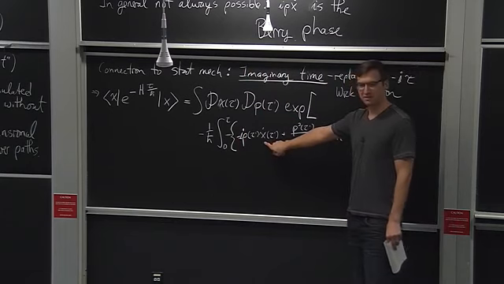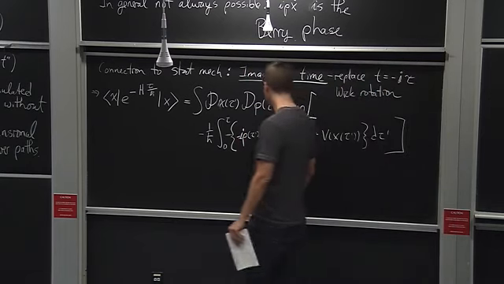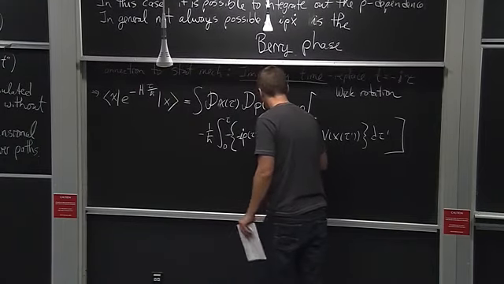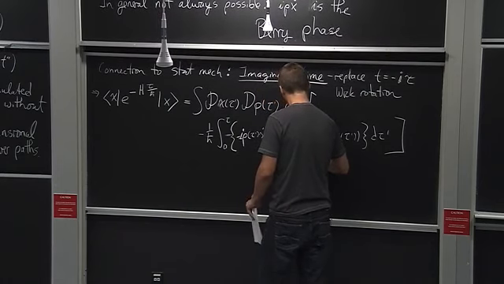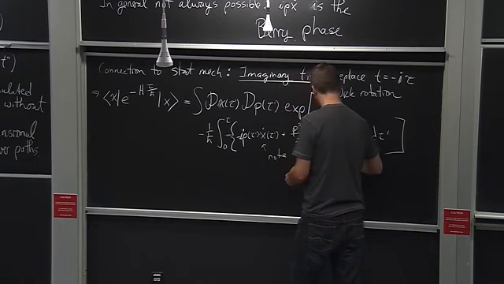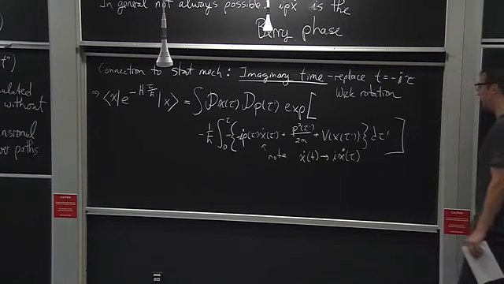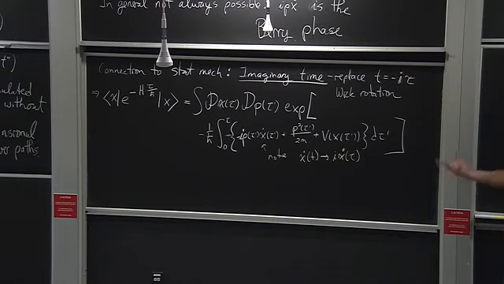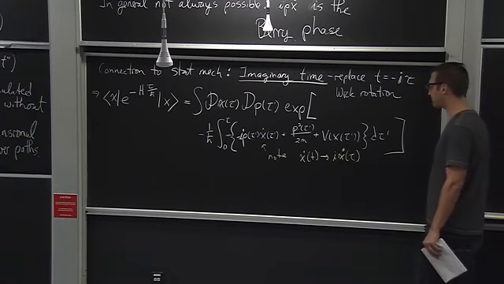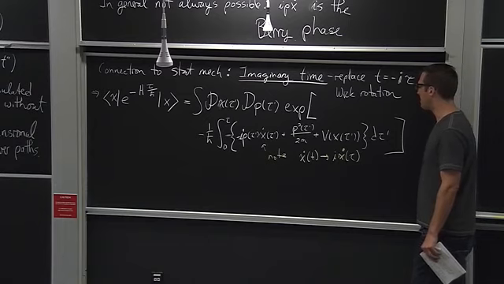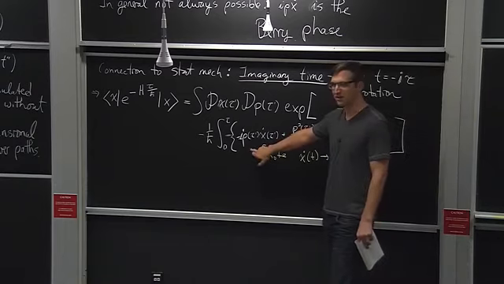Because your time derivative gives you a transformation from x dot to I x dot, because it basically comes in like the denominator, if you will. So that leaves you with something that's real everywhere except for the Berry's phase.